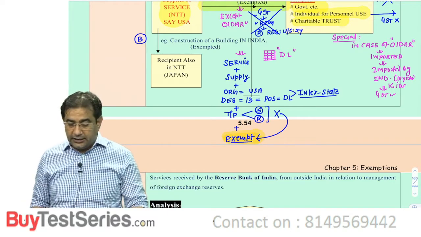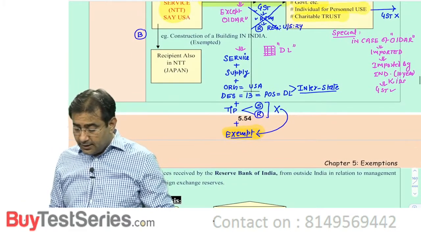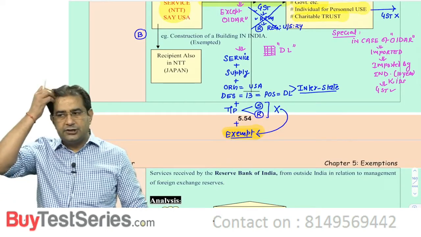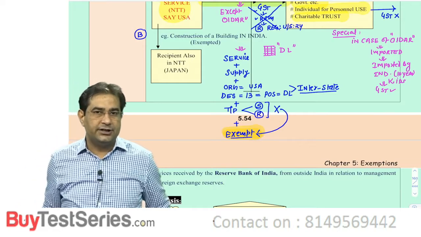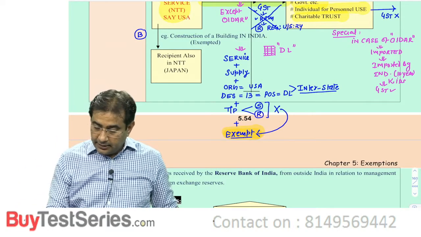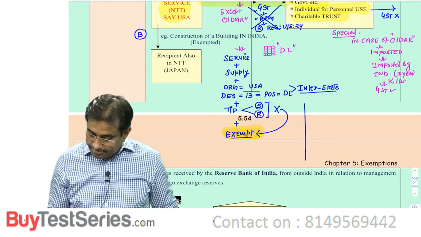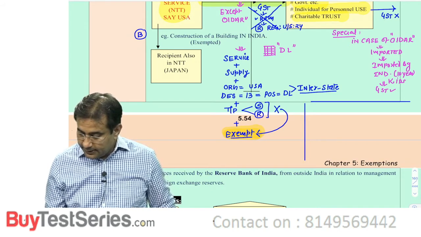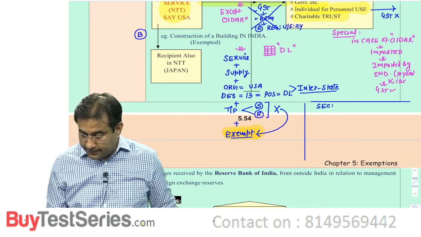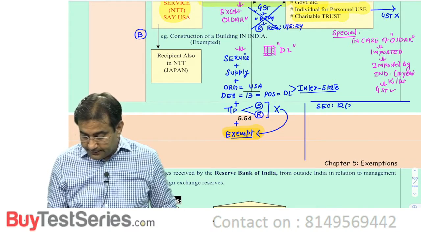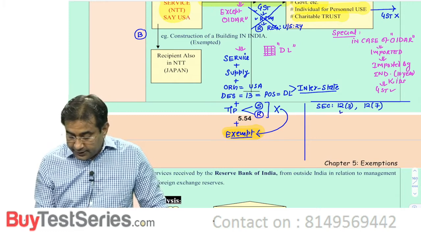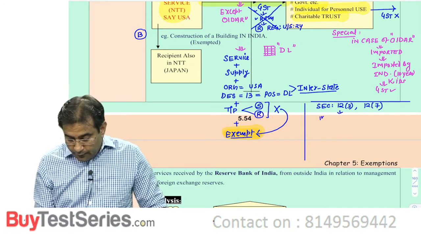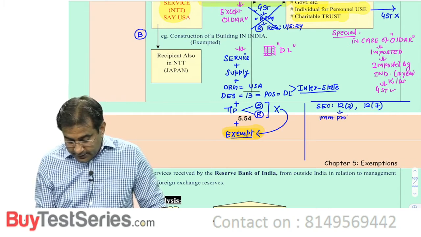Now look at another scenario. When we studied place of supply, gate number 3, at that moment we saw, just try to remember your section 12 subsection 3 and section 12 subsection 7. Section 12.3 relates to immovable property. Is it okay? Yes, sir.